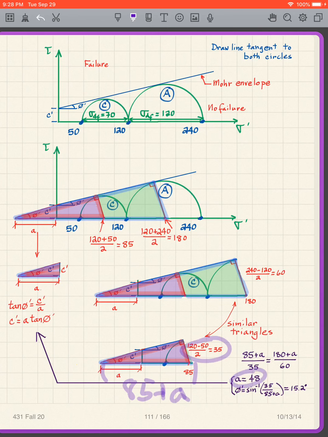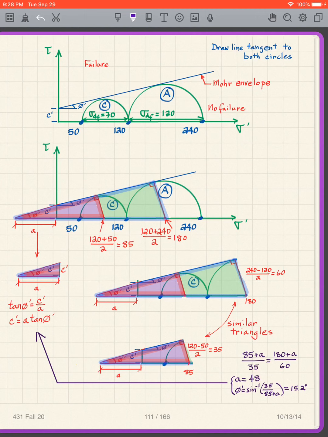That's 35. So I can see that this angle right here is the arc sine of those two distances. So the arc sine of 35 over 85 plus A, I put in A as 48, and I get that the angle is 15.2 degrees.